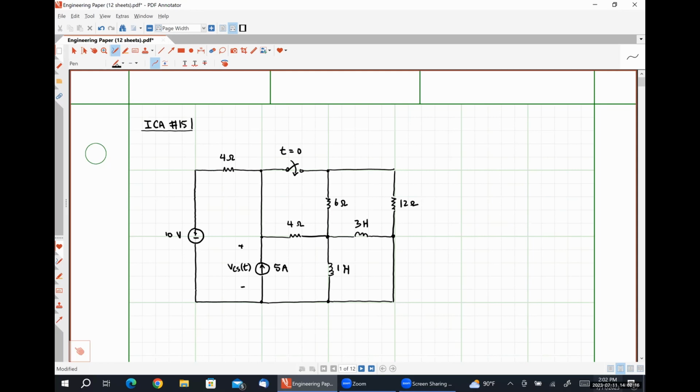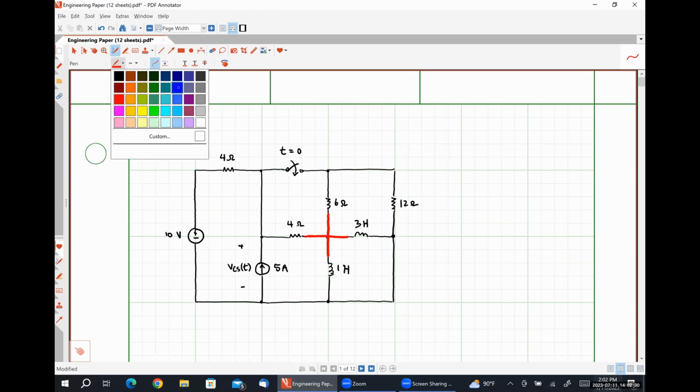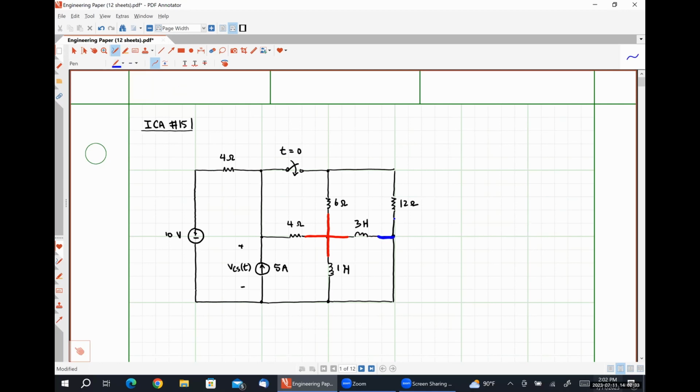So just to further explain that a little bit, I'm going to take a look at some of the nodes. I'm not going to bother going through the whole thing here, but we can see that we have this node here in the center, and then we have this node in blue that I'm going to put kind of along the outside edge.